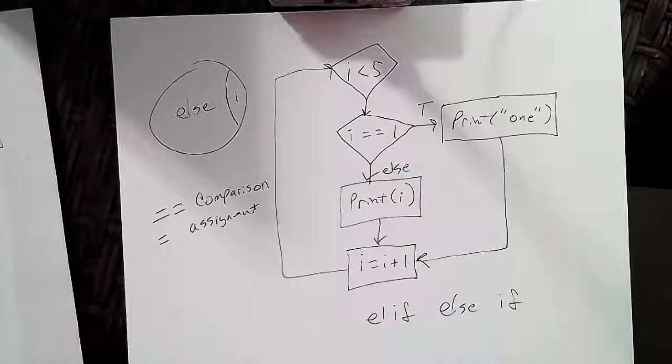Then just press enter, and this time do print 2. Okay, and you run that, and now you'll see that it'll do 0, 1, 2, 3, 4, etc. So you can see you could do all the 5 different numbers there if you wanted.